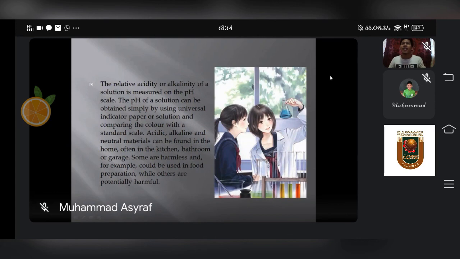The relative acidity or alkalinity of a solution is measured on the pH scale.